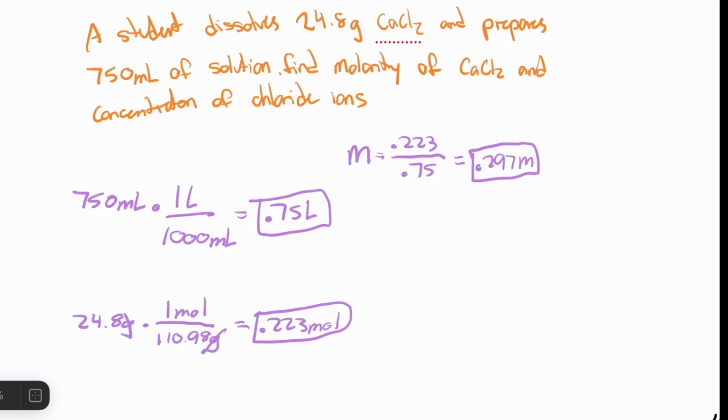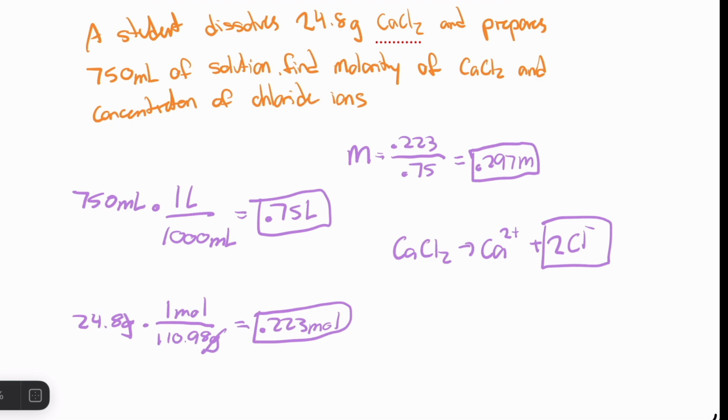The second part says to find the concentration of chloride ions. Well, let's write the dissociation equation for calcium chloride. Calcium chloride dissolves into Ca2+ and 2 Cl minuses. Since 1 calcium chloride breaks into 2 chloride ions, we need to multiply our molarity by 2.